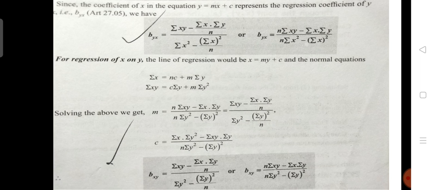Substituting that, we get myx as n into sigma xy minus sigma x into sigma y, divided by n into sigma x square minus sigma x the whole square. So this is the equation for the regression of y on x. Similarly, the regression of y on x is byx, and the regression of x on y is bxy. Okay, so these are the two important equations.